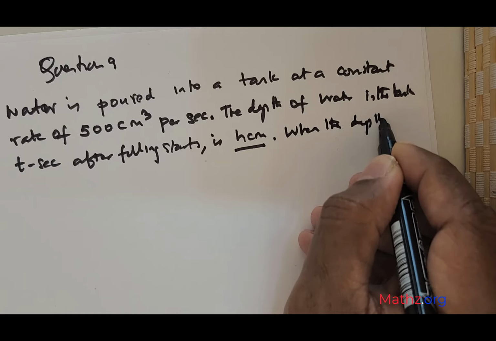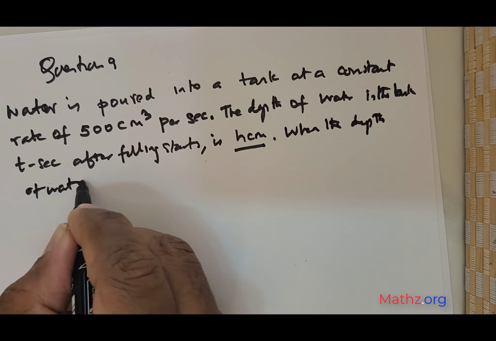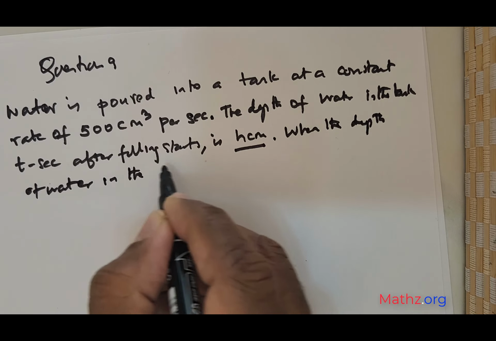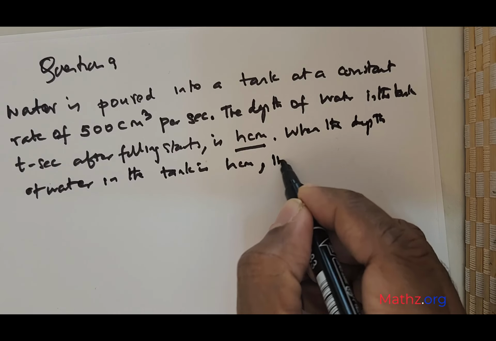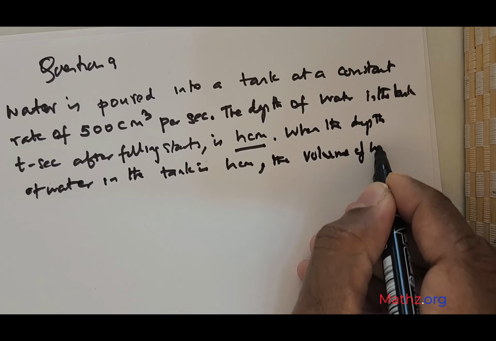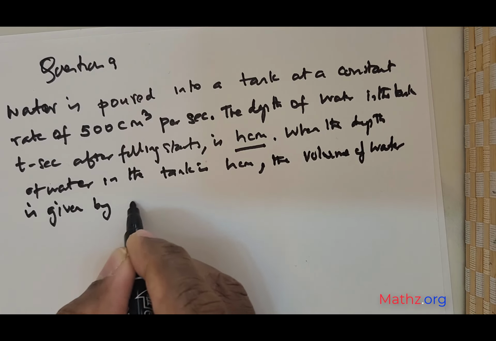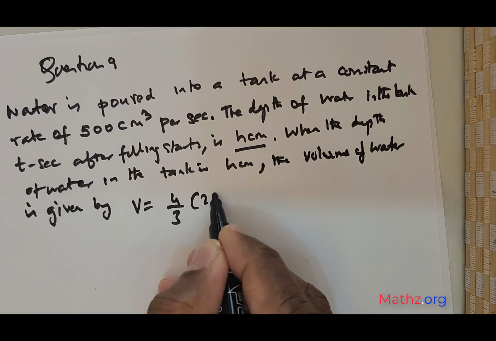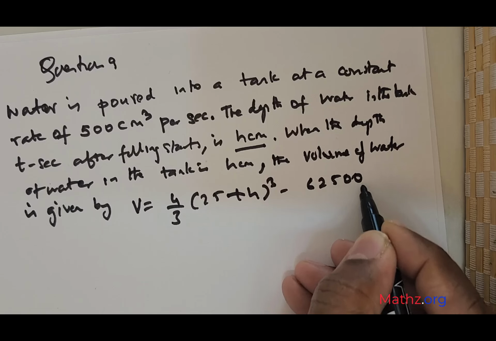When the depth of water in the tank is h cm, the volume of water is given by V is equal to 4 over 3, 25 positive h raised to power of 3 minus 62500 over 3.